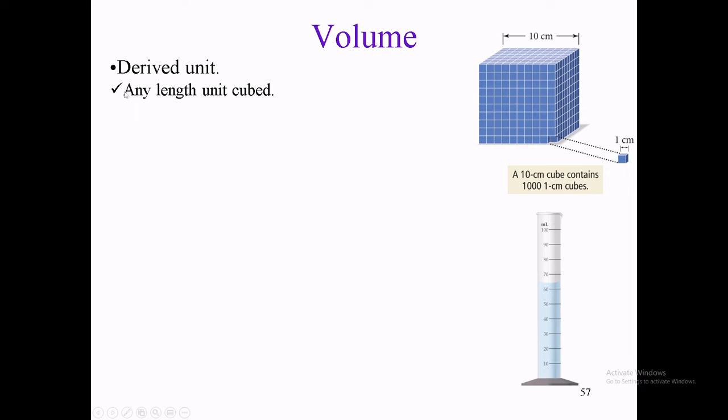For instance, to do volume, we can take the length and cube it. If I wanted to know the volume of a box, I would take the width, the height, and the length, 3 units here. I would multiply those together. That would give me the volume. So I'm taking 3 lengths, multiplying them together. So this is cubing, or multiplying together 3 different lengths.